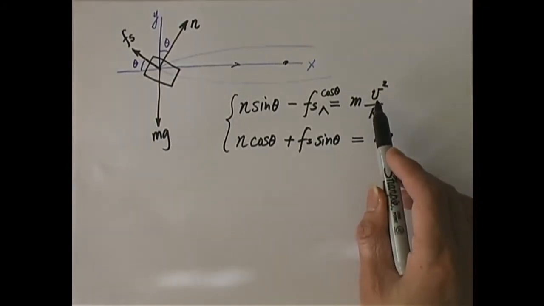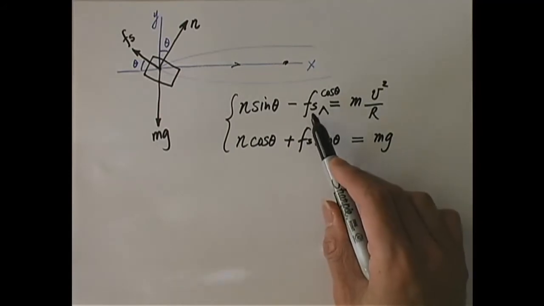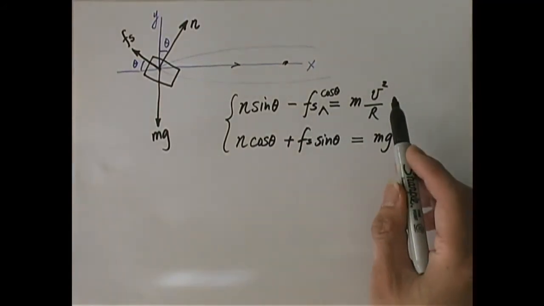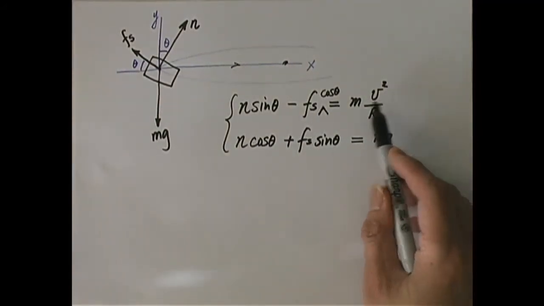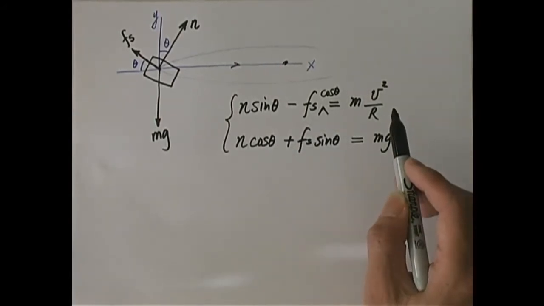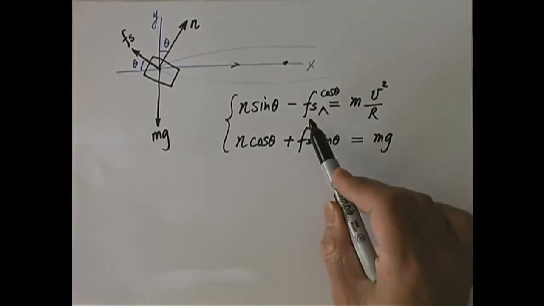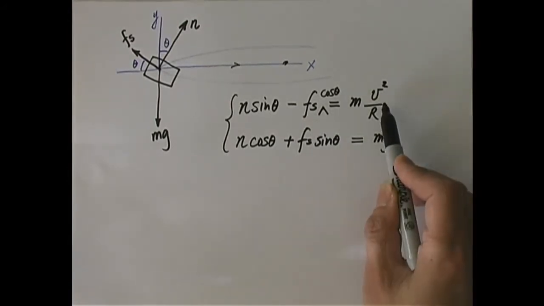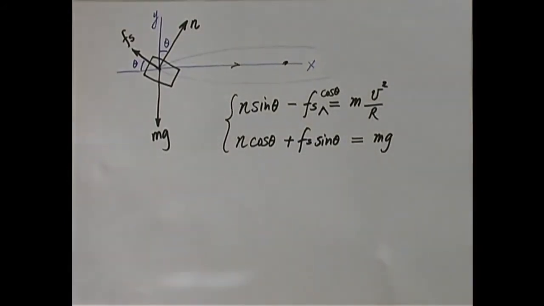Let's say you drive at a certain speed so that Fs equals half of its maximum value. That's great. If you drive a bit slower, it turns out that Fs equals 70% of its maximum value. That's great. So Fs being a variable is a great thing because it gives you a way to adjust your speed. As a matter of fact, without Fs, you have to drive at a certain speed.